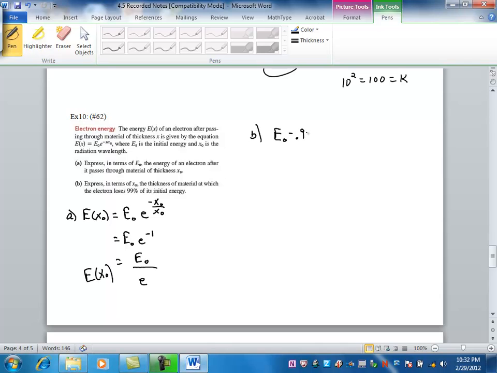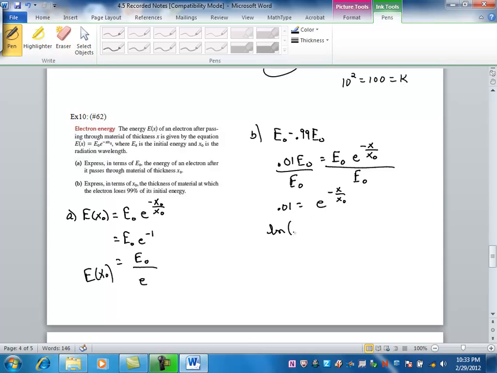We're going to lose 99% of that initial energy, and so that gets me 1% of the initial energy left, and we know that that is equal to E sub naught e to the negative x over x sub naught. Alright, and so if we divide both sides by E sub naught, 0.01 equals e to the negative x over x sub naught.